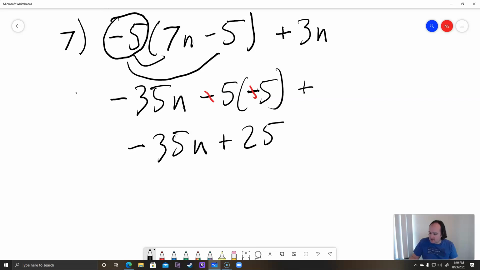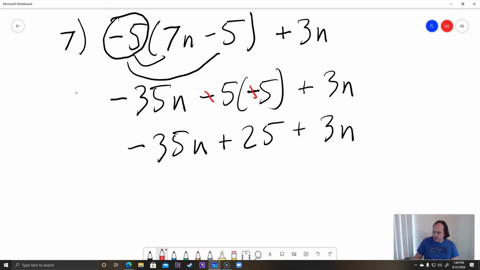And then at the end, we still have a plus 3n. Okay, so negative 35n plus 25 plus 3n. Now, are we done? No, actually, all we did in that step was we distributed. We haven't done our second step. So our second step is to combine like terms.